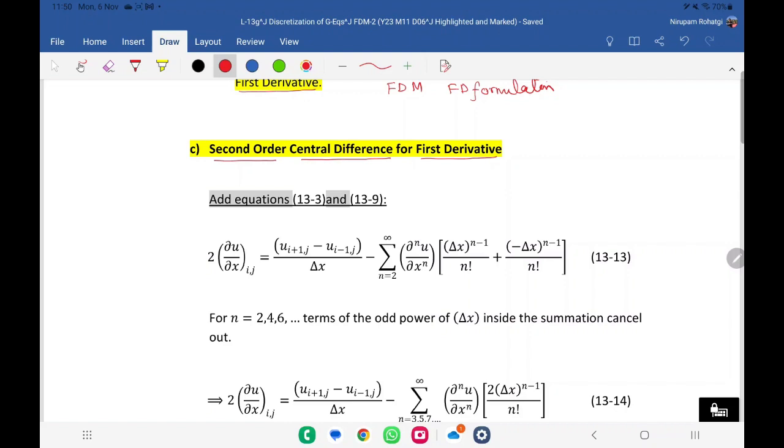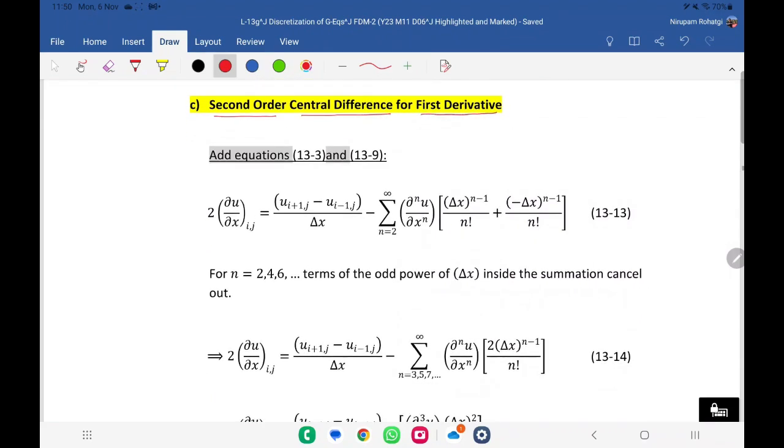We are talking in terms of central difference, and the error which we now get is of the second order instead of first order. Okay, how do we do it? We actually add these equations 13.3 and 13.9. That means we are basically adding the equation for the forward difference and for the backward difference.